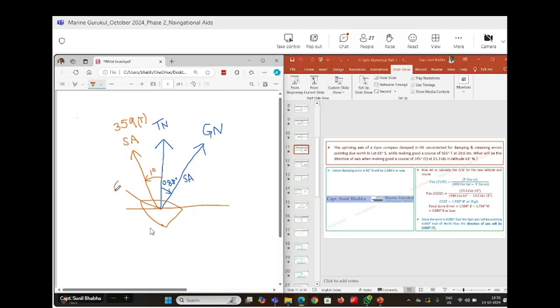Irrespective of the course on which the ship is moving, the gyro north is going to remain at this location only. Gyro will give you your course as this one. This will be your gyro course. Basically, it will be 0.88 degrees lesser than your true course. Okay, understood, sir. Now I got it. Okay, clear? Clear. Very good, beta.